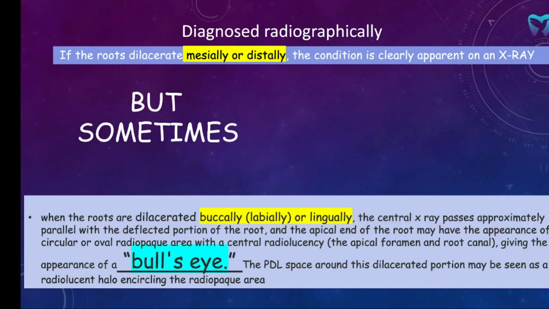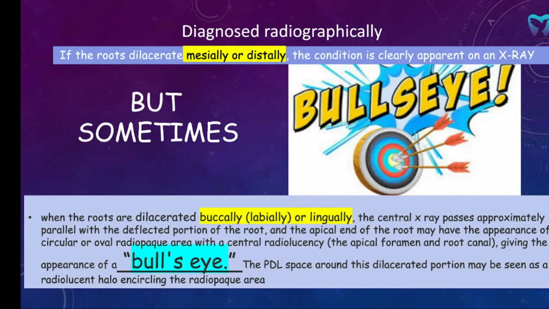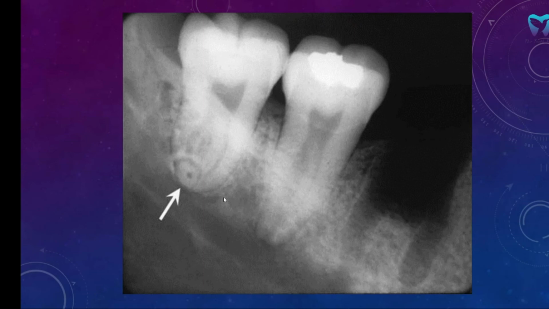But if the roots dilacerate buccally or lingually, then the central X-ray beam is parallel to the deflected portion. So we see the dilacerated portion as a bullseye, like a target. The target lesions are also seen in erythema multiforme. So we can see here this is the dilacerated portion.